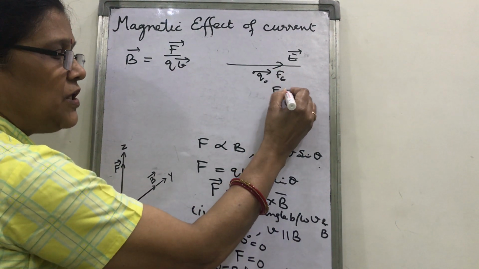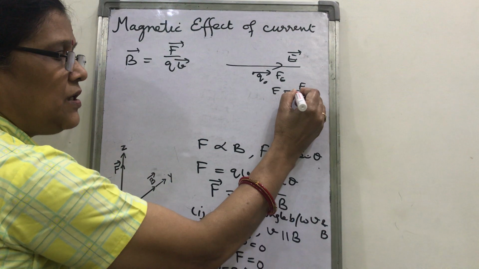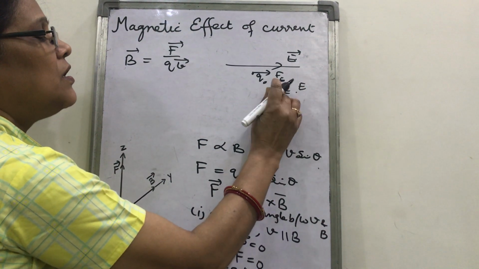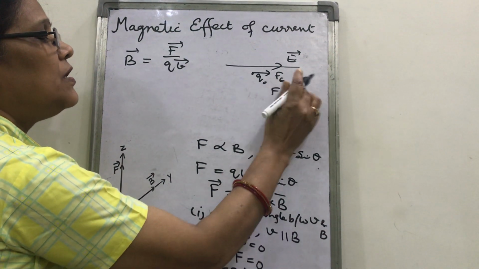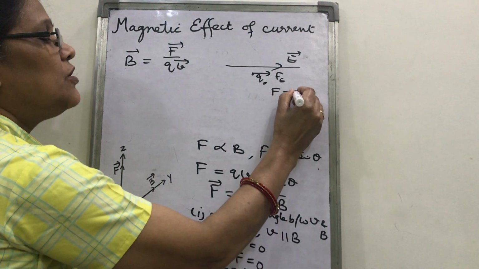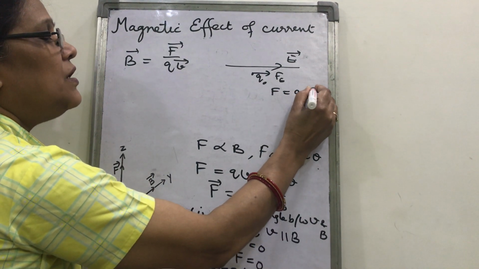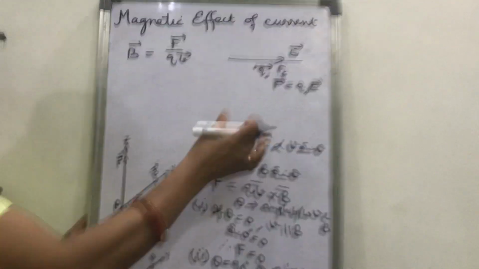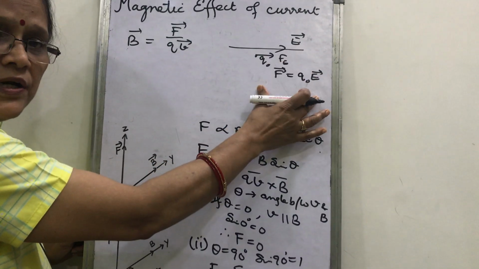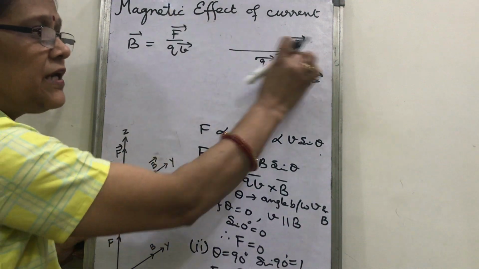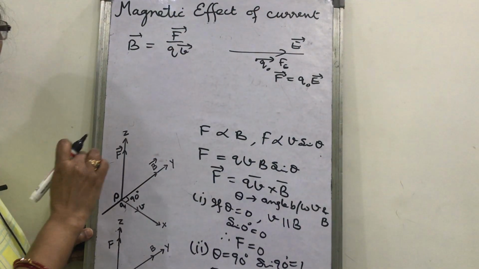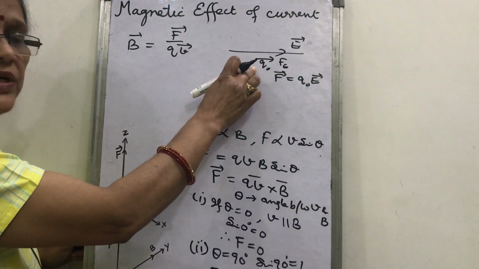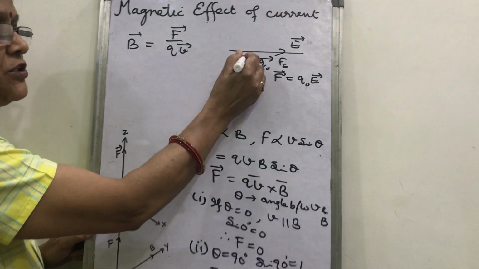This force is F equal to Q naught into E. This is the electric field, a vector quantity, and the force is in the direction of the electric field acting on a unit charge placed at that point. Suppose this point is P.